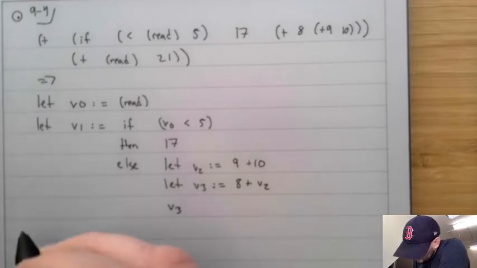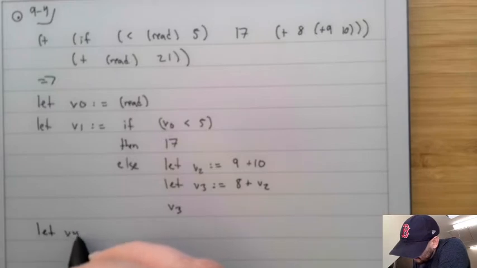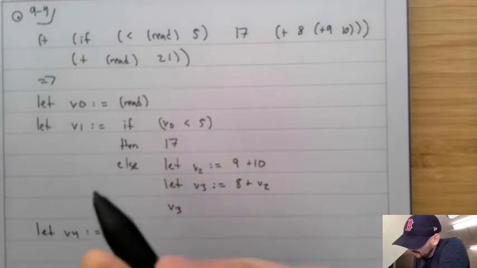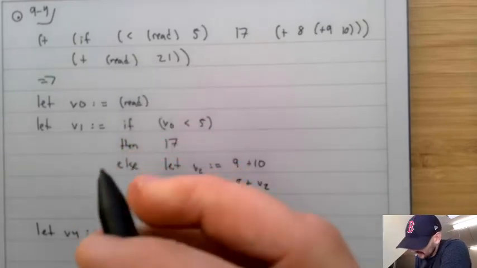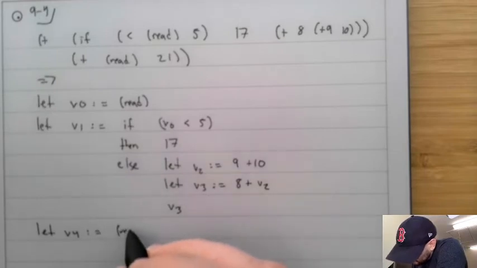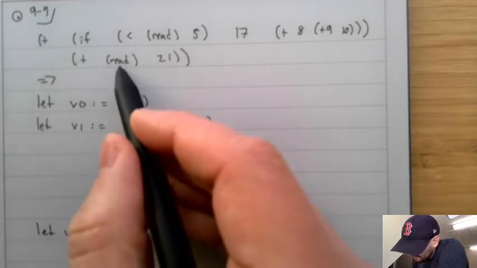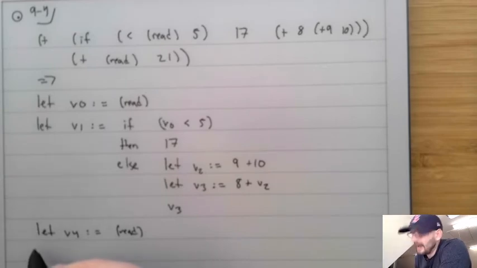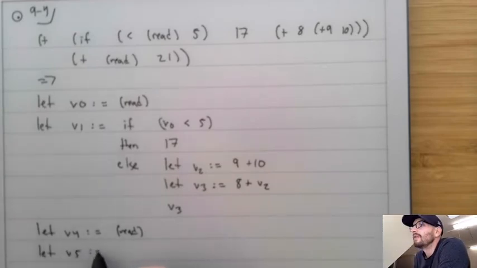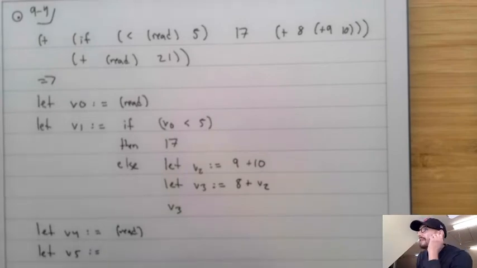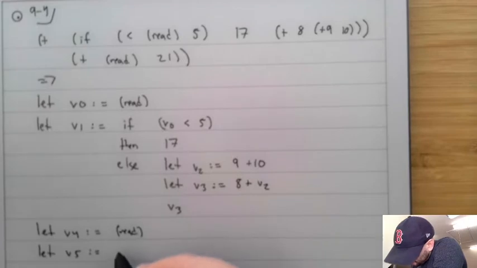Okay. Then we're going to have a let of v4. And v4 is now going to be this other side. So this is going to be another read. And so that's that read right there. Then we're going to have v5 be v4 plus 21.